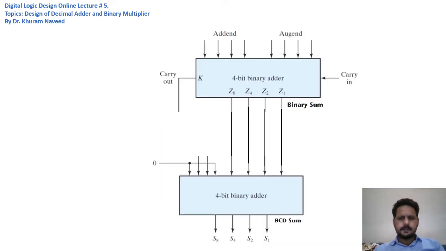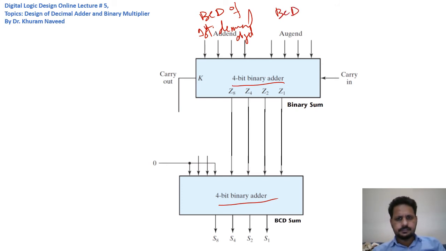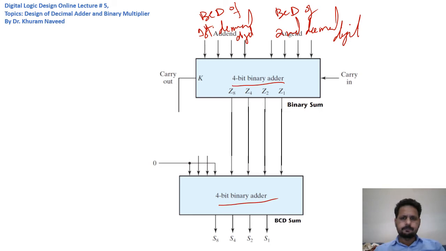So this is how we can make a 4-bit BCD adder using two 4-bit binary adders to add two decimal digits, where this may be the BCD of the first decimal digit, and this may be the BCD of the second decimal digit, right?